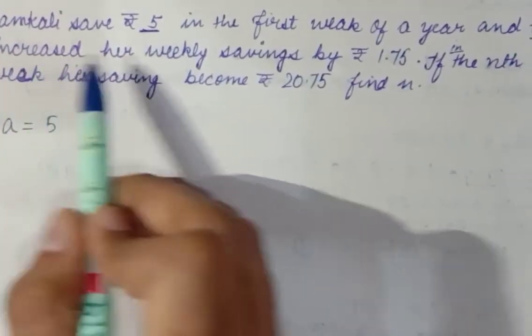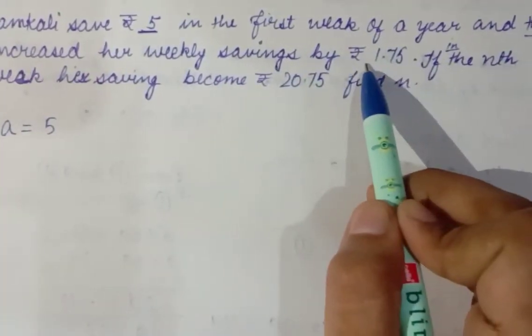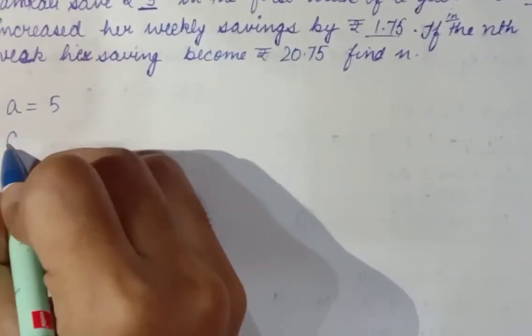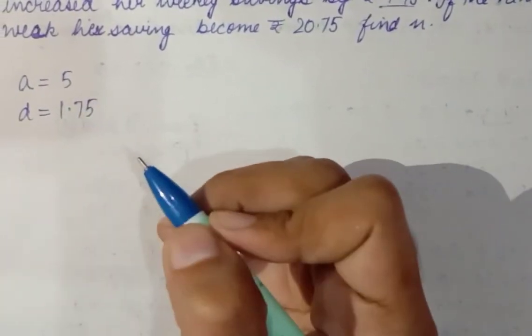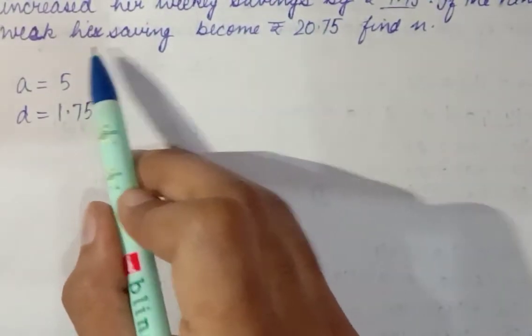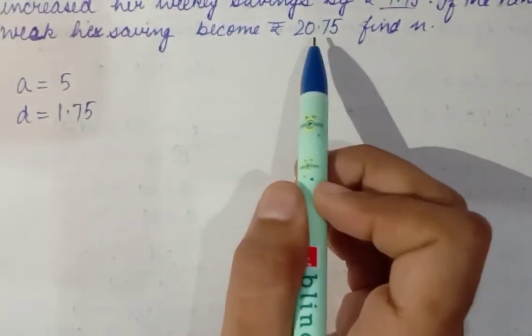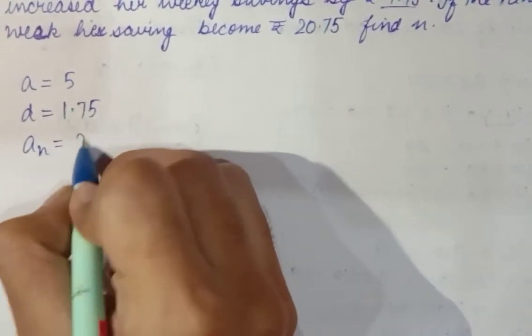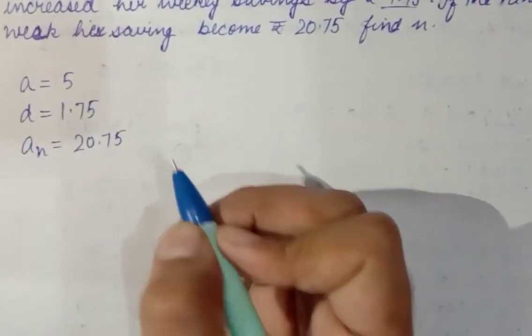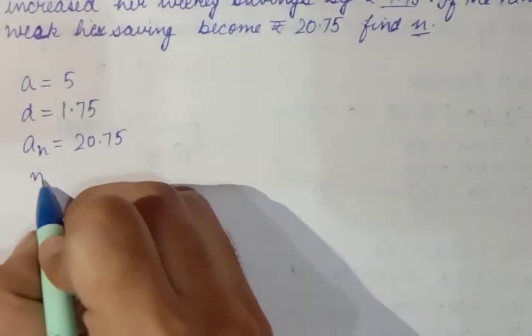She increased her saving by ₹1.75. So common difference d is equal to 1.75. In the nth week her saving becomes 20.75. So nth term is 20.75 and we have to find the value of n.